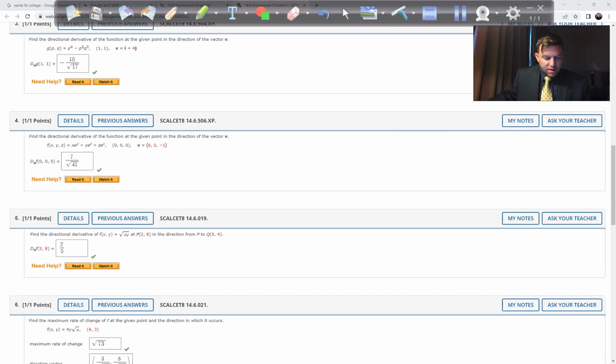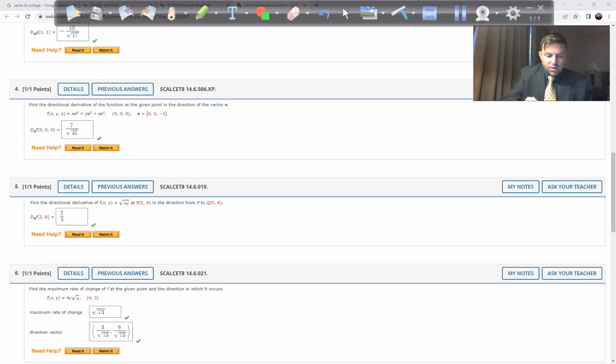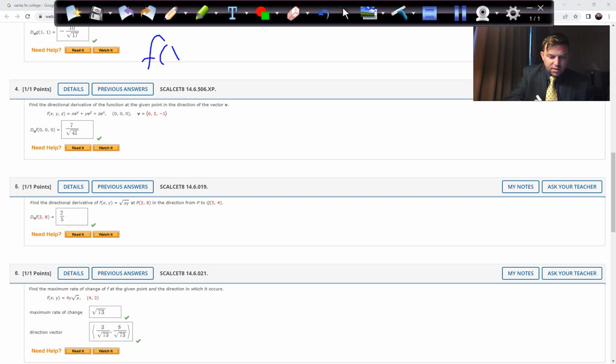Okay, problem 4, exactly the same, except now we're in 3 dimensions. So the gradient is going to have 3 components in its vector instead of 2. So this one says our function f(x, y, z) is going to equal x e^y plus y e^z plus z e^x.